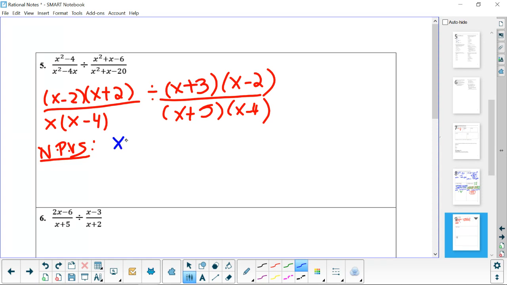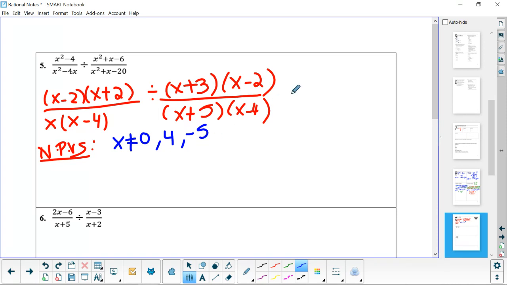So one of our non-permissible values is x should not be equal to 0. And here, if I plug x as 4, my denominator will be 0. And from here, it is negative 5. And from here, x minus 4, if I plug x as 4, my denominator will be 0. So I already have got it, so I don't have to write it again.